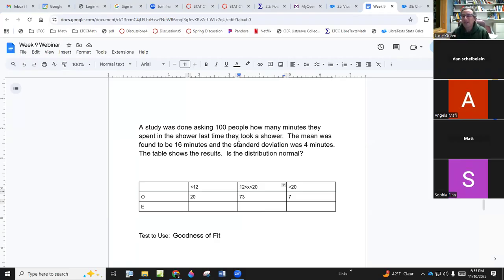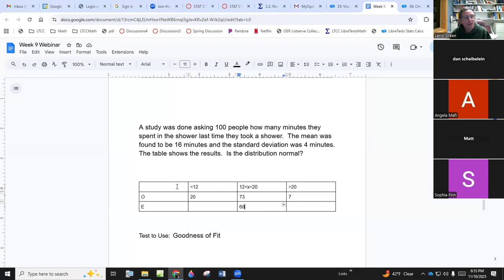Do you remember that rule? I know it's been a long time, but we had it. Yeah, 68%. Okay, now here's a really easy question. What's 68% of 100? I hope you don't need a calculator for that. 68. So we would expect to have 68 be between 12 and 20. Any questions on how that worked? If it was a normal distribution, we should have 68, if it was perfectly normal.